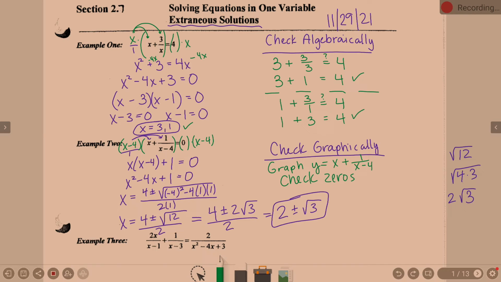If you don't do a fraction bar for 1 over x minus 4, make sure x minus 4 is in parentheses. Okay? I'm going to graph this. Okay? Well, there's a good thought. I've got two answers, right? As you look at that graph, you've got two places it's crossing the x-axis.